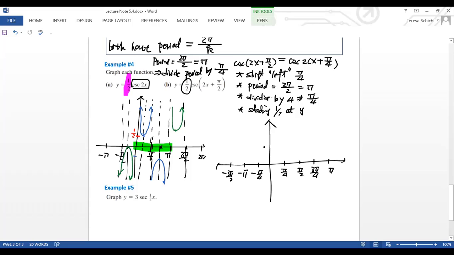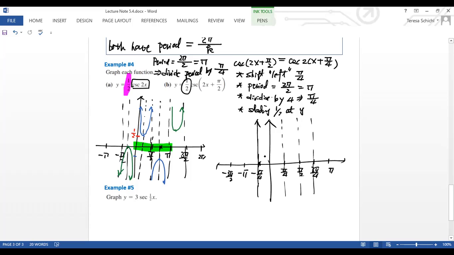All right. Okay, so now first we shift to the left, pi over 4. That means I'm going to start in here, right? So this is basically my y-axis shift here. Then you need to divide it into 4 intervals. Each one is pi over 4. So this is my first interval, this is my second one, this is my third one, and this is my fourth one here, right?